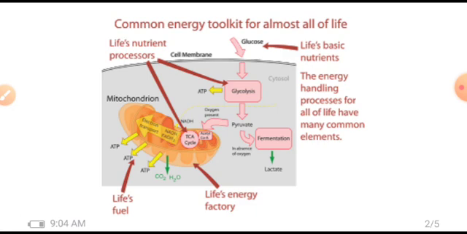So we can call it the life nutrients processor, and the TCA cycle in the mitochondrion, the mitochondrion can be called a life energy factory, and these molecules likely to be produced in the form of ATP can also be called life fuel. So glucose can be a basic nutrient for life, and the energy handling processes for all of life have many common elements.